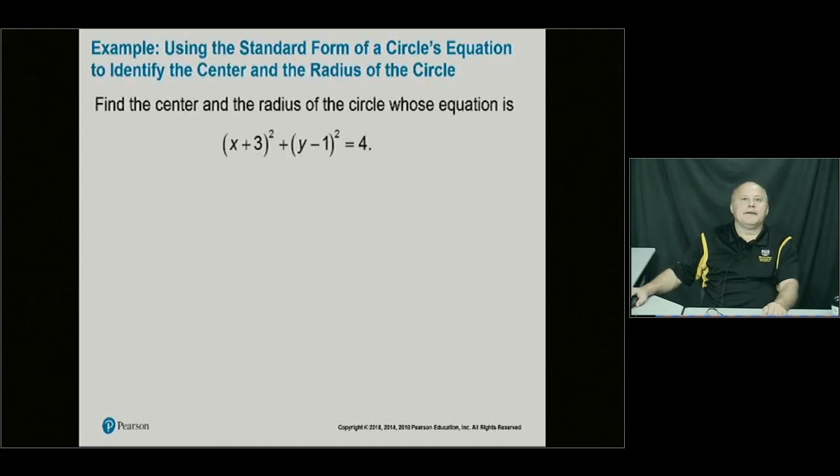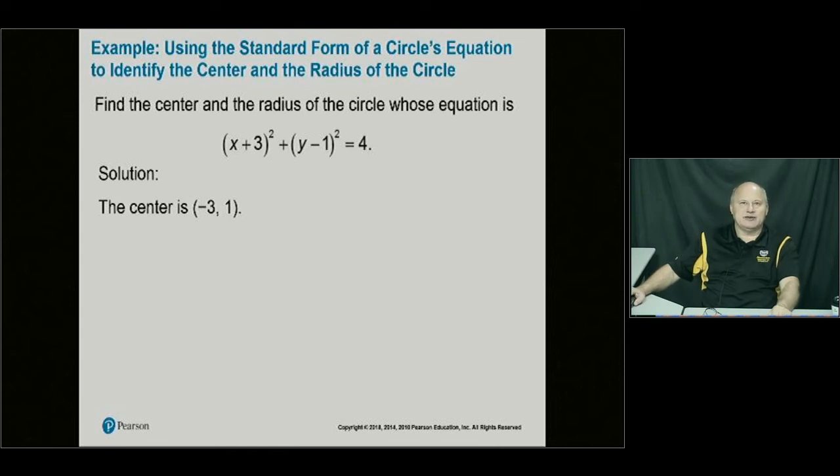All right. Now, this is another example using the standard form of a circle's equation to identify the center and the radius of a circle. Find the center and the radius of a circle whose equation is given. So if you have (x plus 3) squared plus (y minus 1) squared equals 4, and then you overlay the formula of that, the h represents -3 and the k is 1, because you remember it's x minus h.